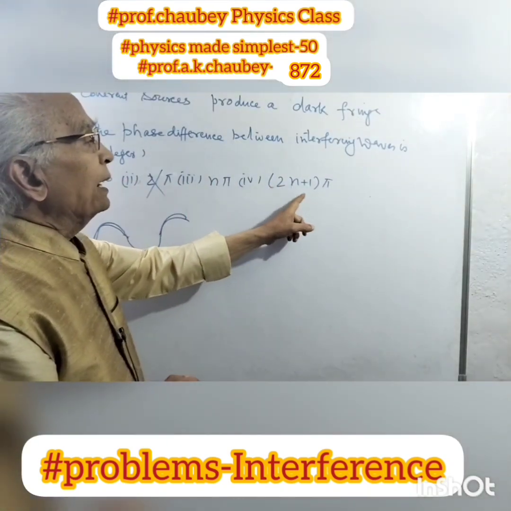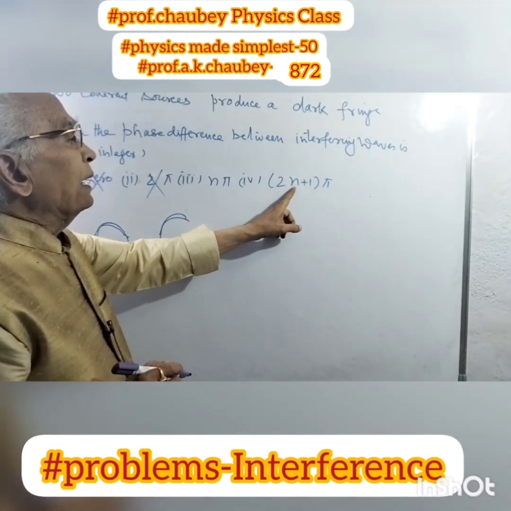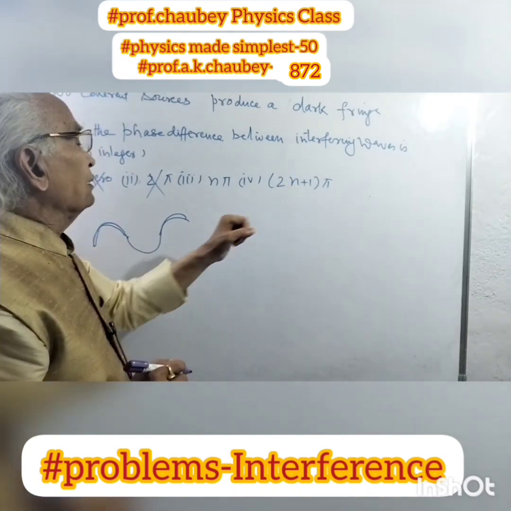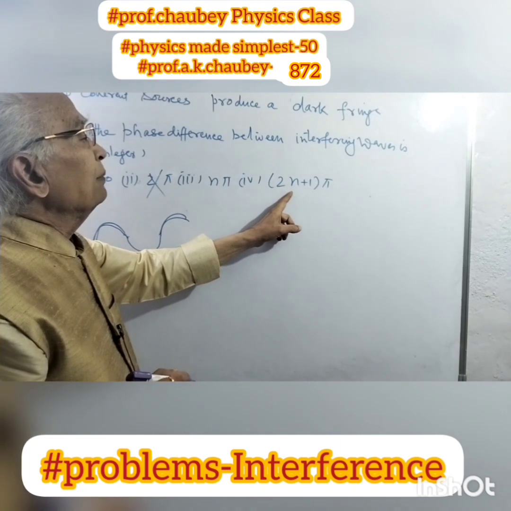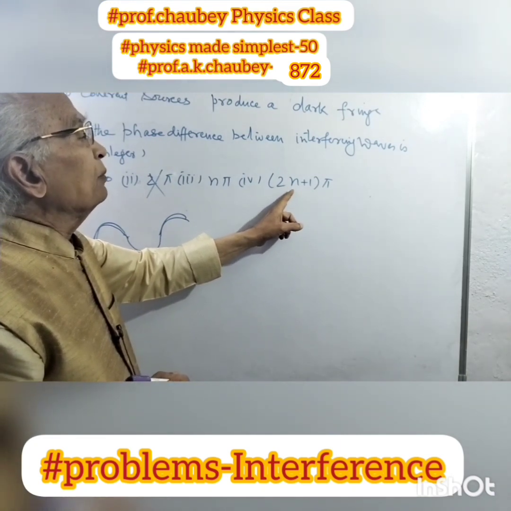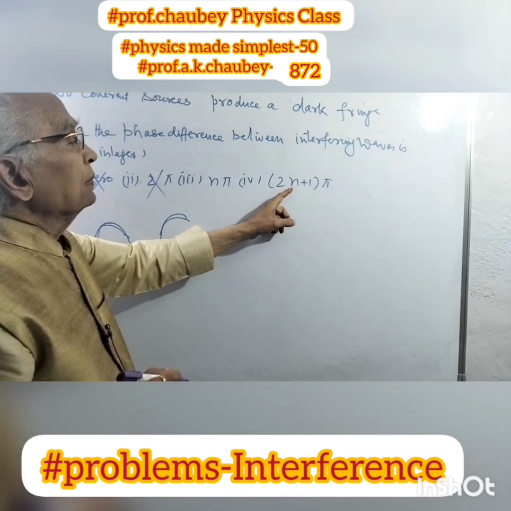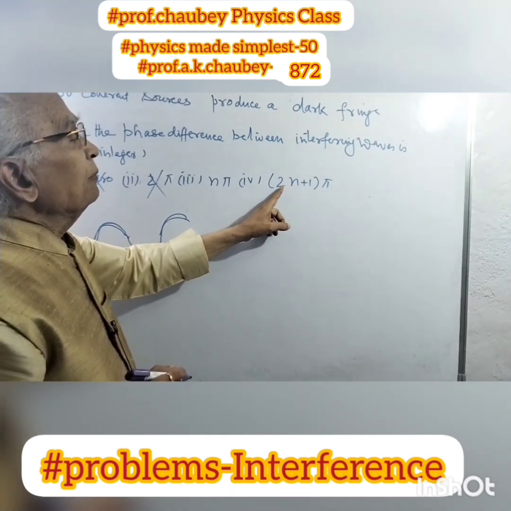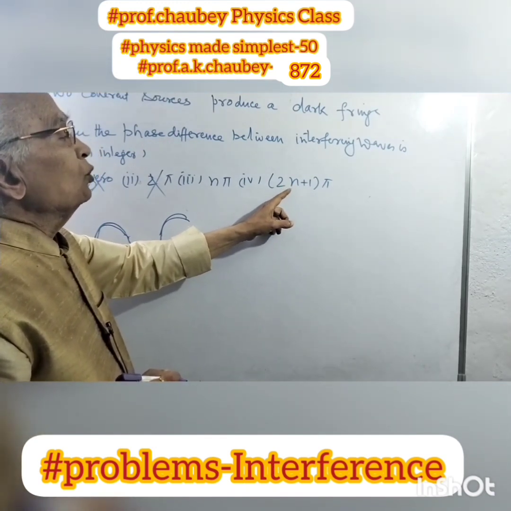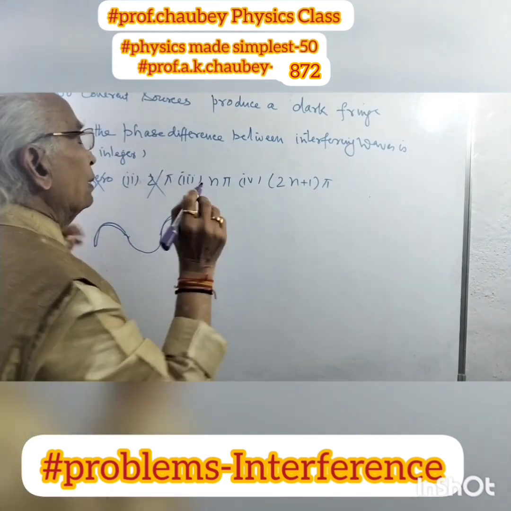What we see is 2n plus 1. When n is 0, it becomes pi. When n is 1, it becomes 3 pi. When n is 2, it becomes 5 pi. So it is an odd multiple of pi.